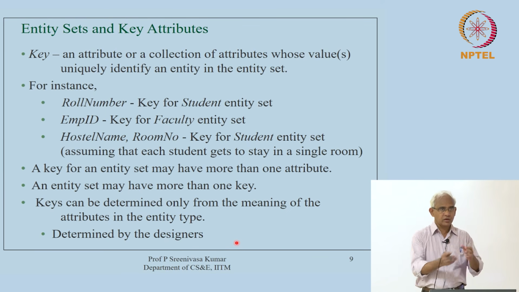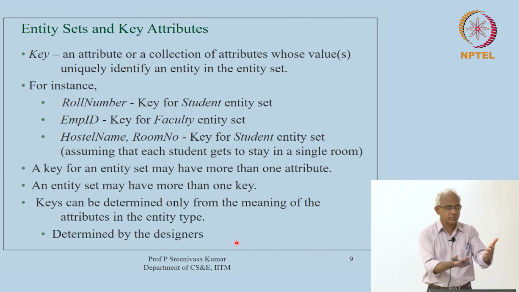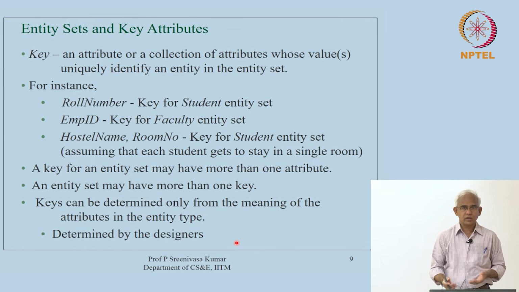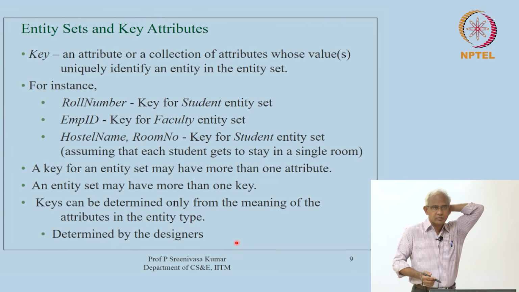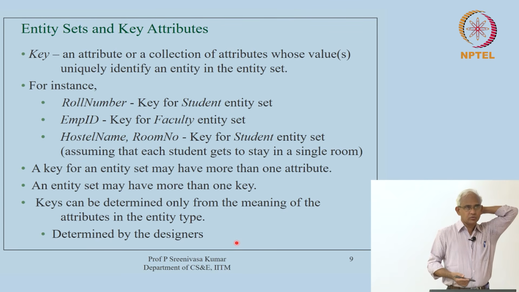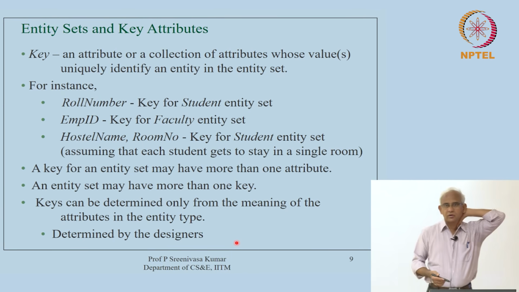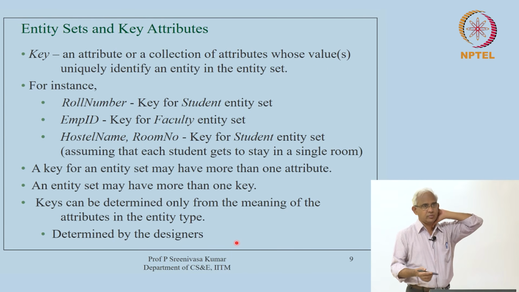For example, if you write down names and other details of some 100 student entities on a sheet of paper, and then I go through and figure out that the first name seems to be a key, because it so happened there are no two Srinivasas in that particular set, that doesn't really make first name a key, because we know that there are people who have certain first names that are very common, and so a first name cannot be a key at all for a bunch of people.